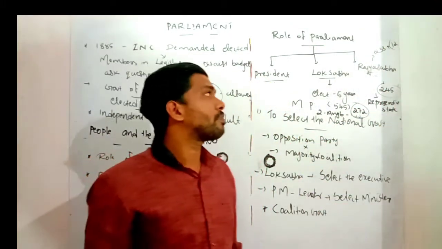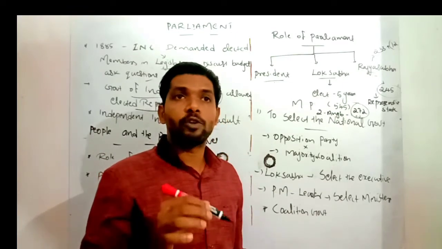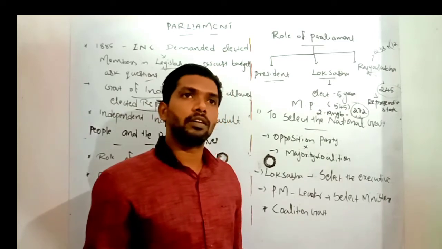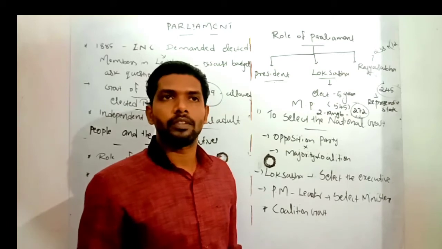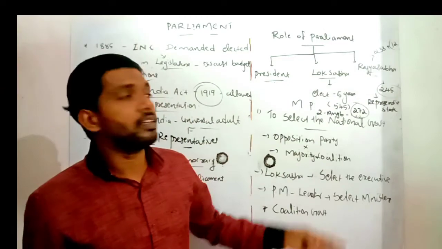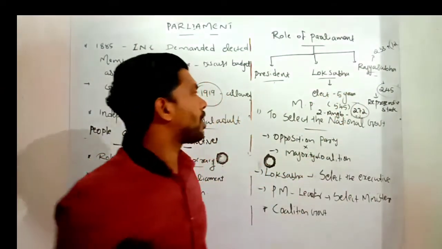There is a special power of the President in our Rajya Sabha. He can nominate 12 persons as MPs, those who are highly skilled and have contributed in the field of art, science and sports. Such personalities can be appointed by the President as an MP in our Rajya Sabha. And that's about the structure of the parliament in India.